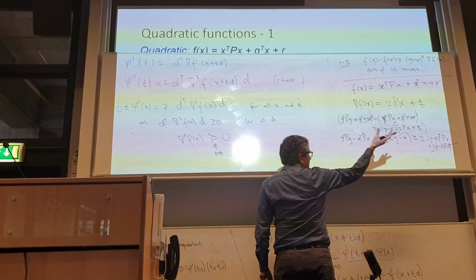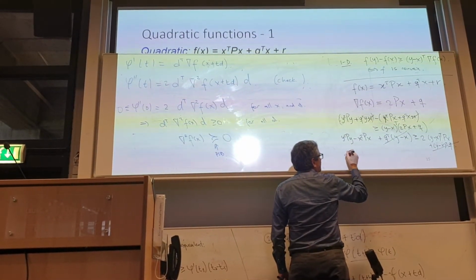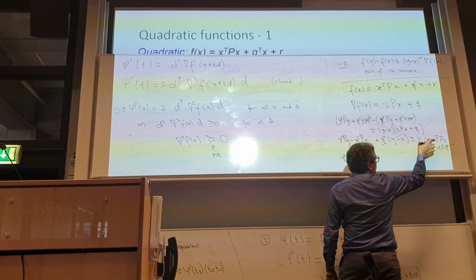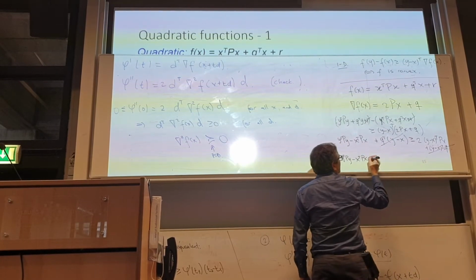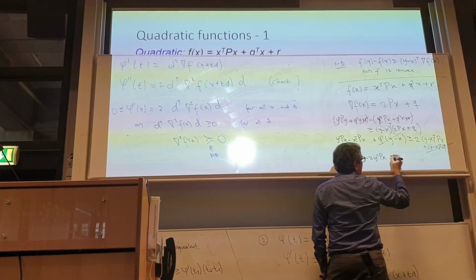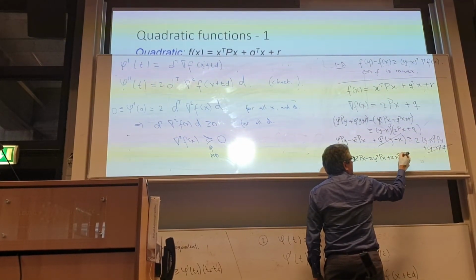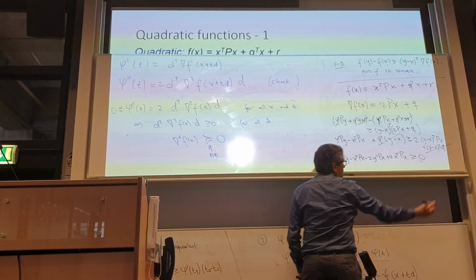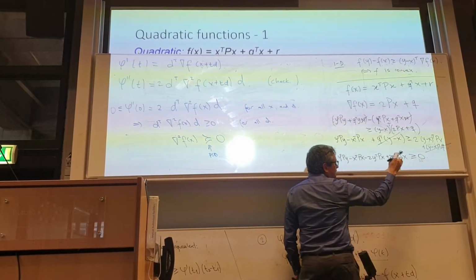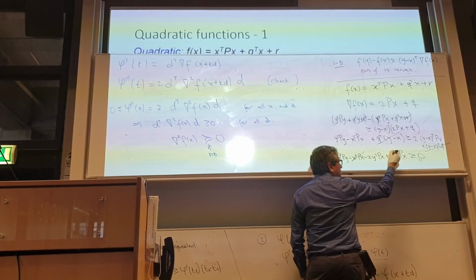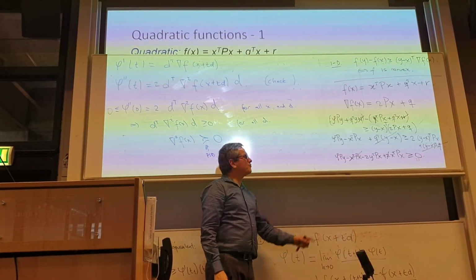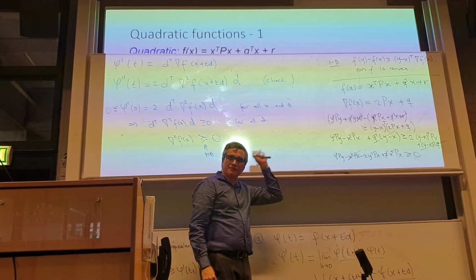And now we just need to translate all that here. So we get y transpose Py minus x transpose Px, and then we get minus 2 times y transpose Px, plus 2 times x transpose Px. And this should be greater or equal than 0. And we actually got the same expression before when we did it from the definition.